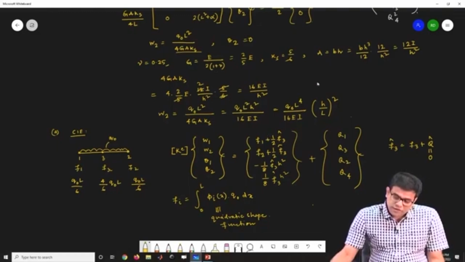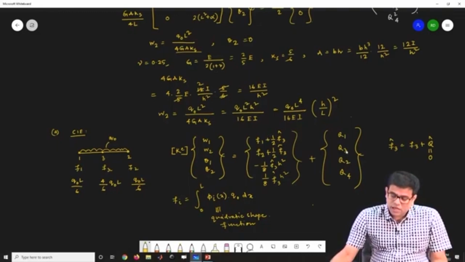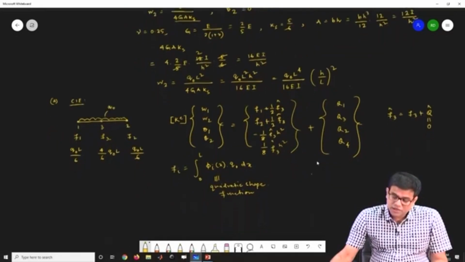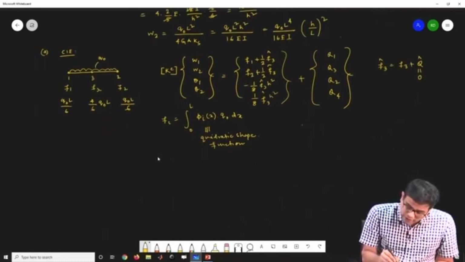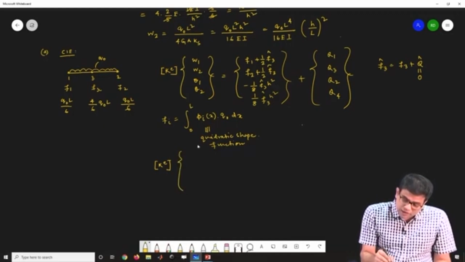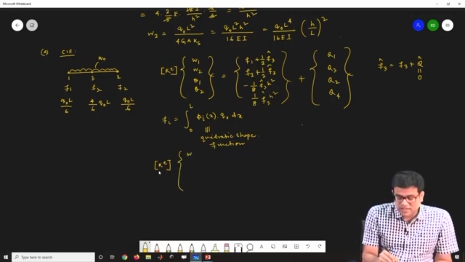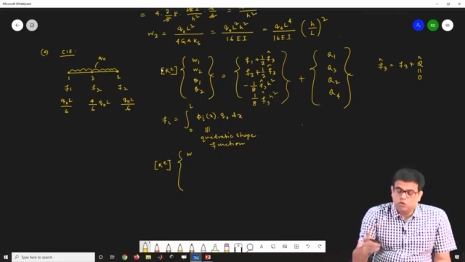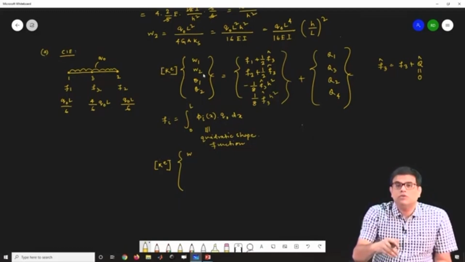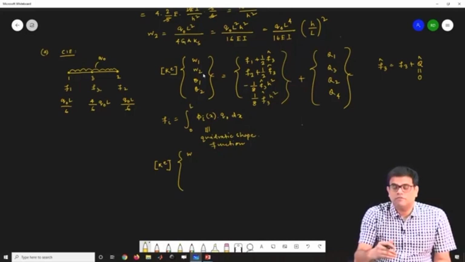So now we can find out the force vector. If I just rewrite this equation and say this is my Ke, let me write it in a little bit different way. See, this Ke and this Ke are not the same. I am just shifting the rows, because I want to be consistent with the previous formulation.